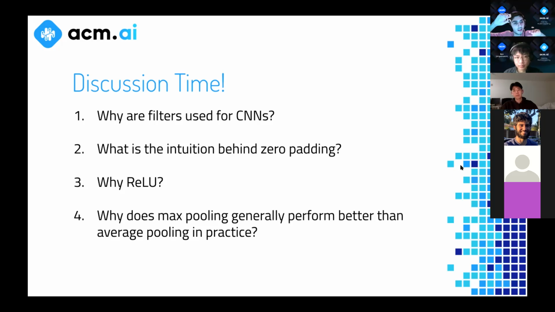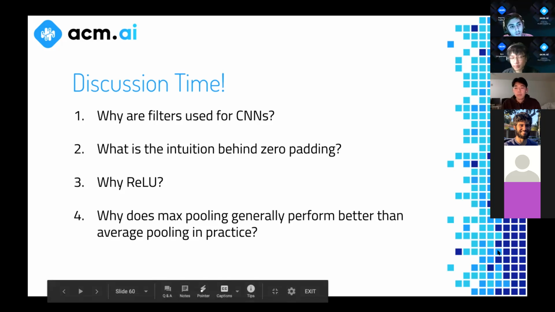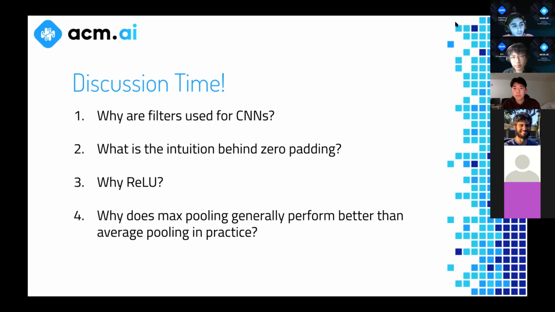That makes it really hard because when we multiply by a value that's almost 0 during backpropagation, we get gradients that are very close to 0, or underflowing straight down to 0. We use ReLU because it has a more consistent derivative, so it helps with the vanishing gradient problem of multiplying by very low values. Okay, and then why does max pooling perform better than average pooling?